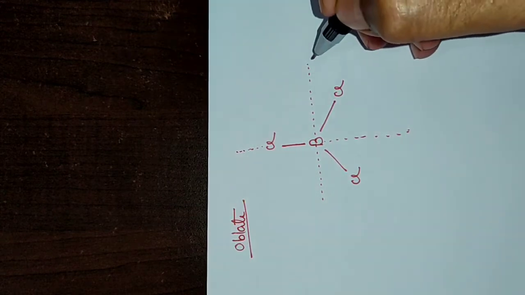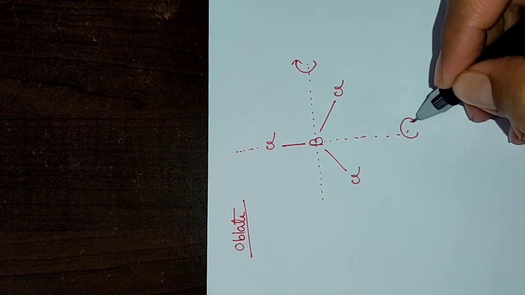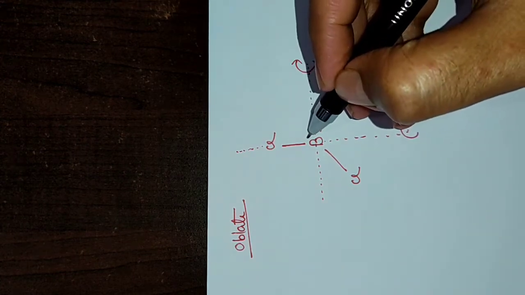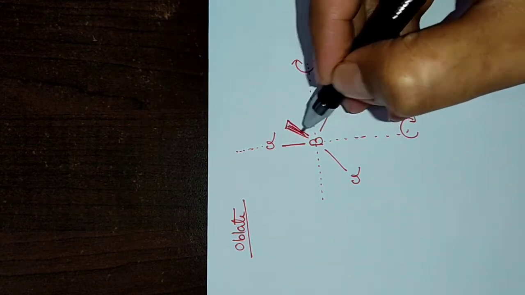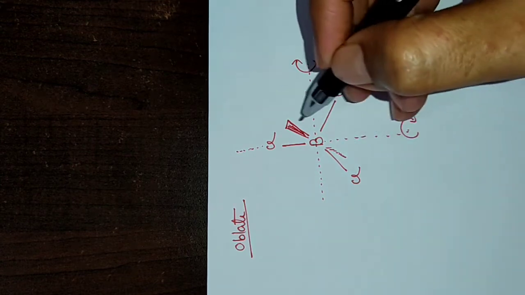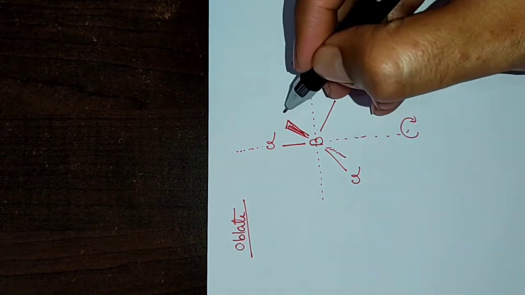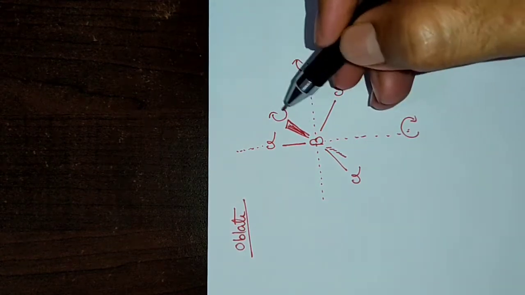Now there will be rotation along this axis, rotation along this axis, and the perpendicular axis that I would like to express in this way, this rotation in the third direction.